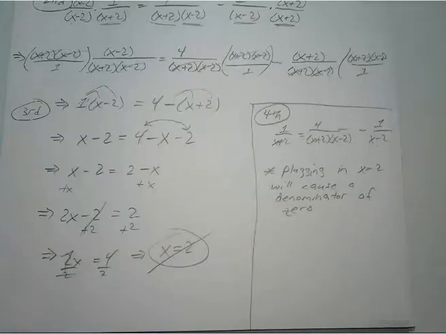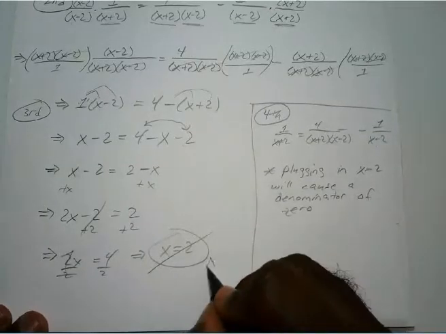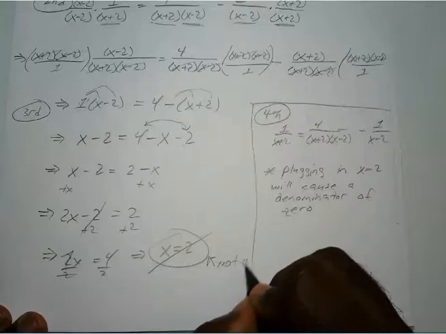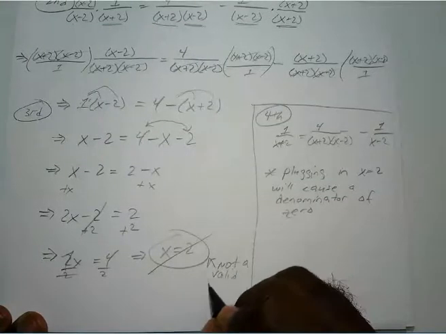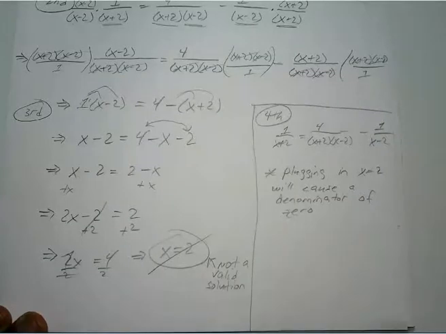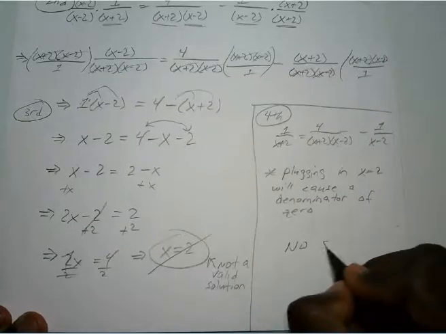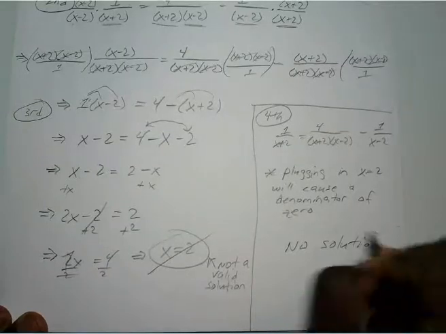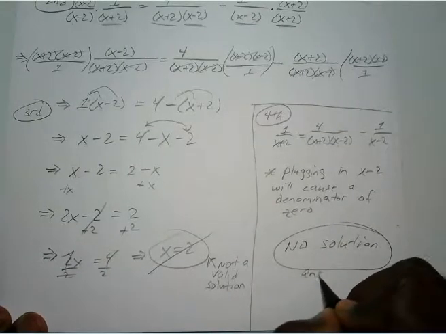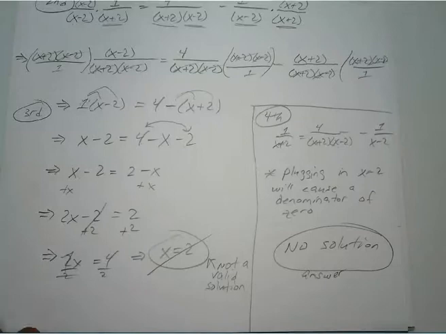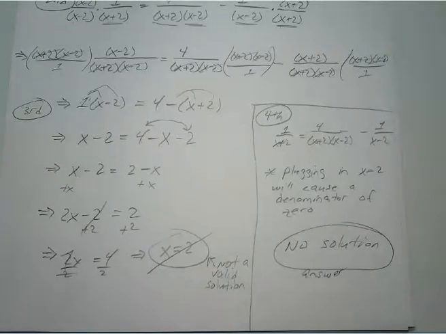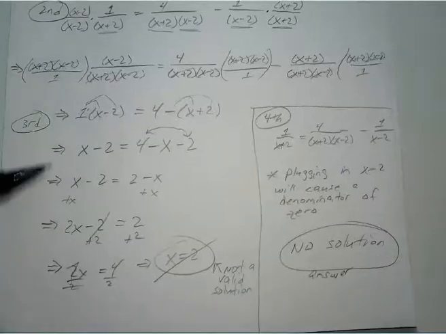And since you can't use x equals 2, because it's not a valid solution, that means your answer is actually no solution, because the one answer you did get, you can't use. Other than that little mistake there, hopefully it all made sense.